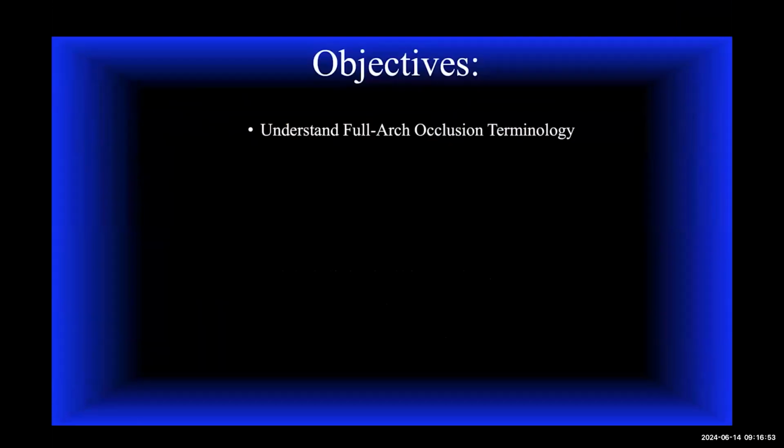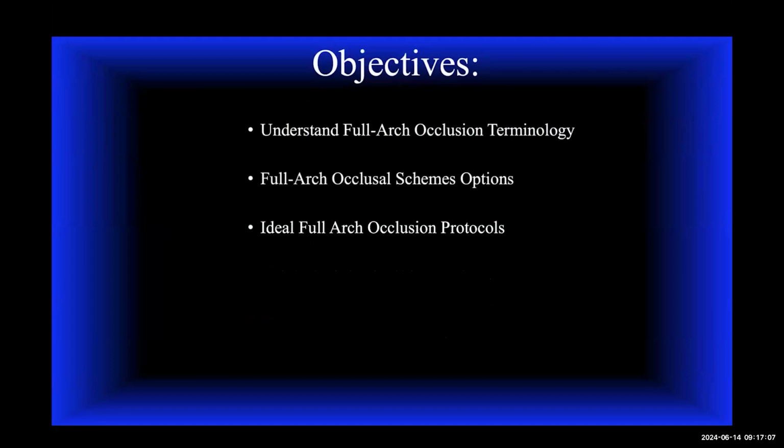Our objectives for this lecture are, first, I'm going to go over full arch occlusion terminology. This might be kind of basic. However, I want everyone on the same page when we start talking about the occlusion. We're going to talk about the different occlusal schemes that are available for full arch prostheses.